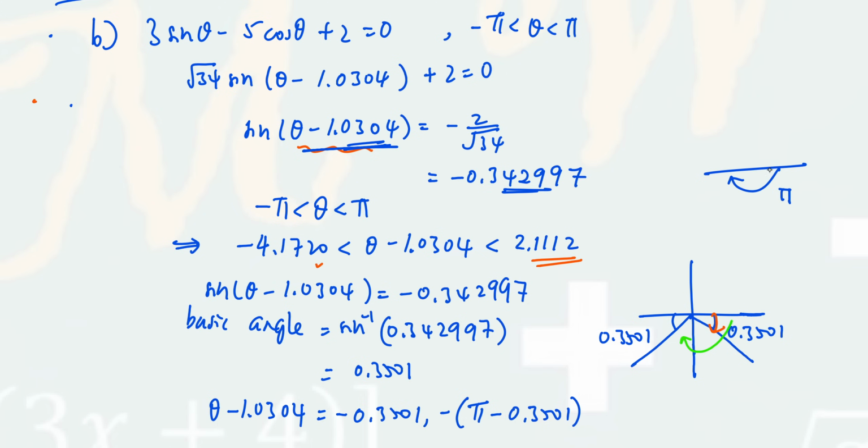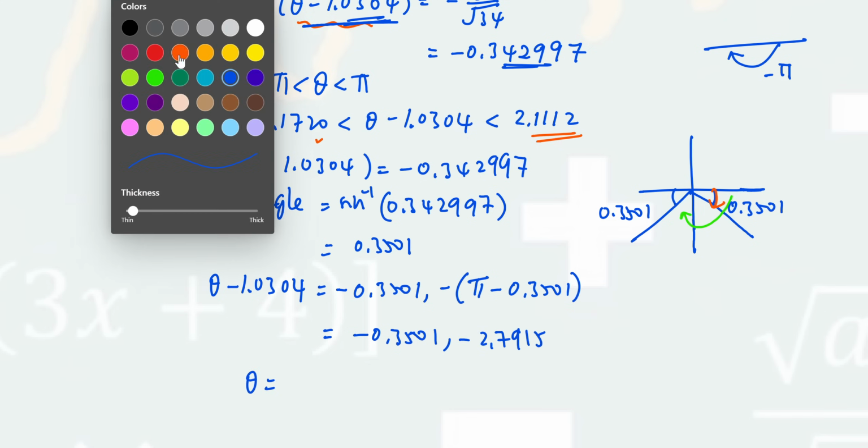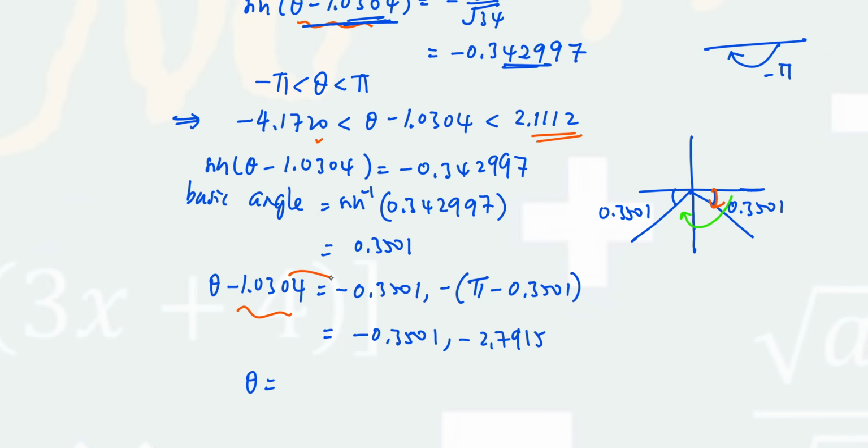Since this is below, or I will say it is clockwise direction, then it's negative. So you will be getting negative 0.3501, and the other value is going to be negative 2.7915.